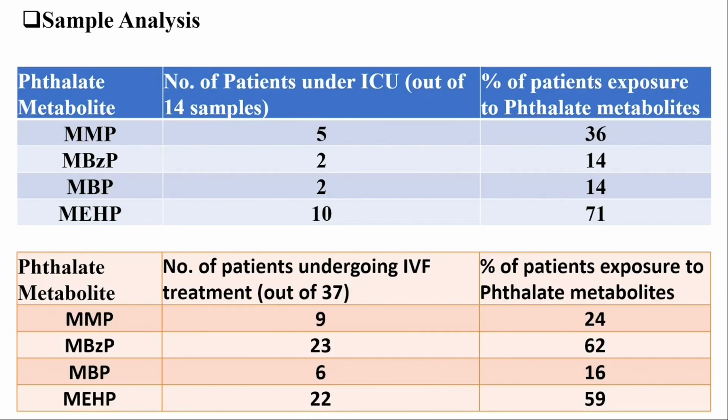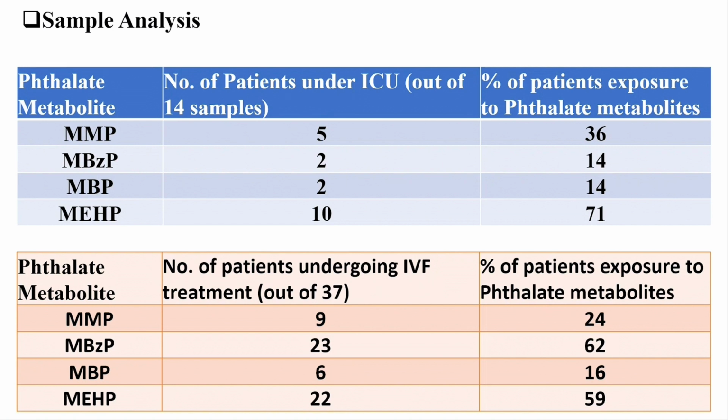So it is a summary of sample analysis, like in ICU, out of 14 samples, 5 samples have been discovered with monomethyl, 2 monobenzyl, and 2 monobutyl. And as I said, DEHP is dominantly used in plastic making.